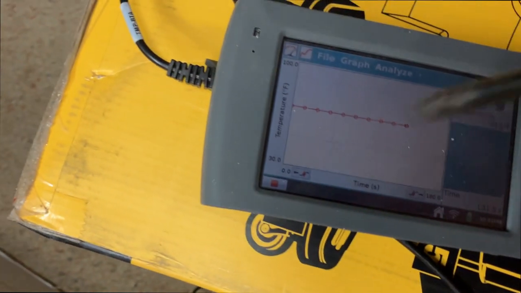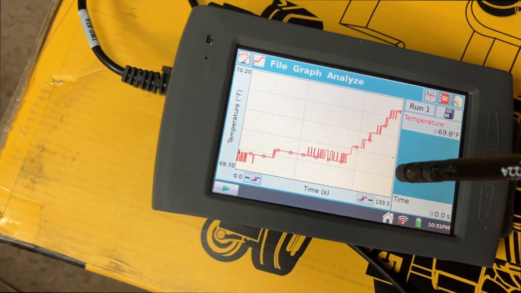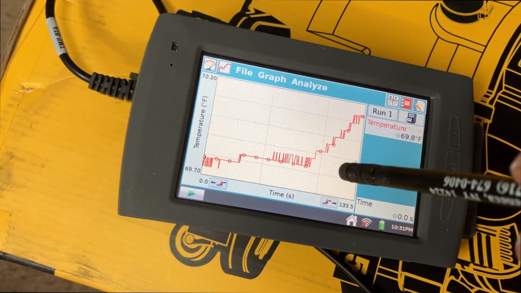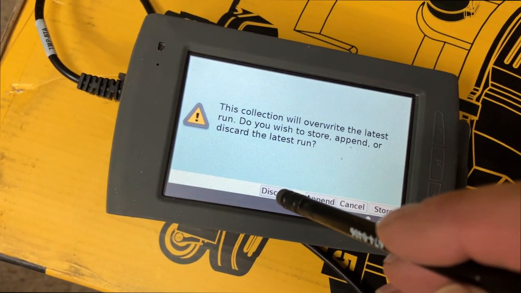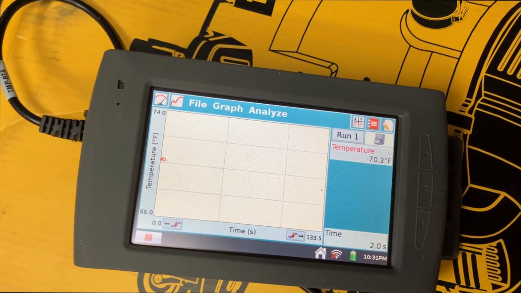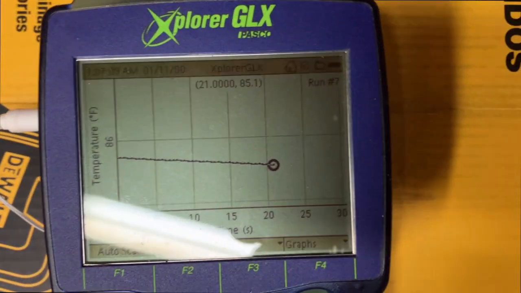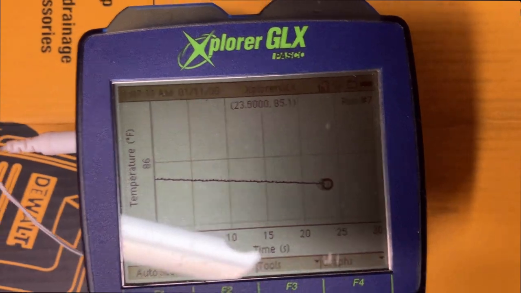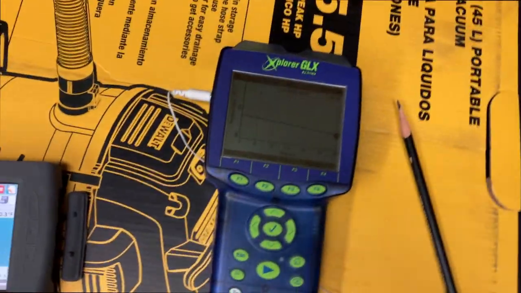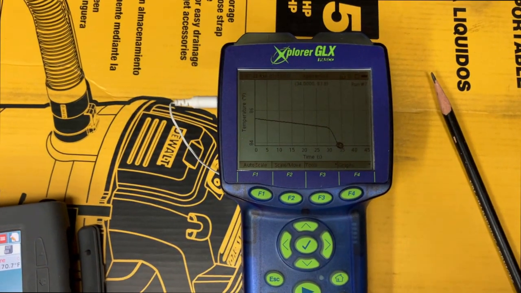So let's get a run started. Okay, box temperature is 70. My fan is 85. And we're going for power. That's kind of interesting.